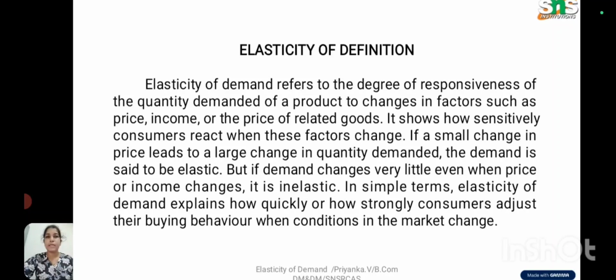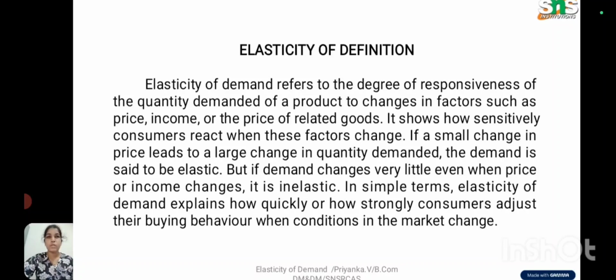To begin with, the elasticity of demand is defined as the degree of responsiveness of quantity demanded to changes in factors like price, income, or the price of related goods. So, in simple words, it tells us how demand will rise or fall when something else changes in the market.